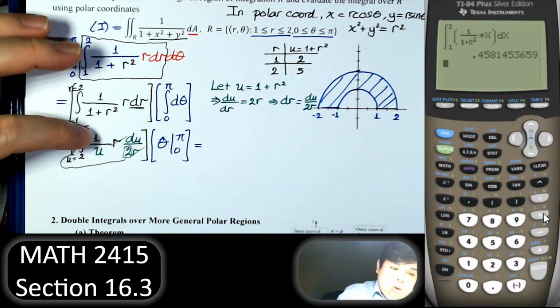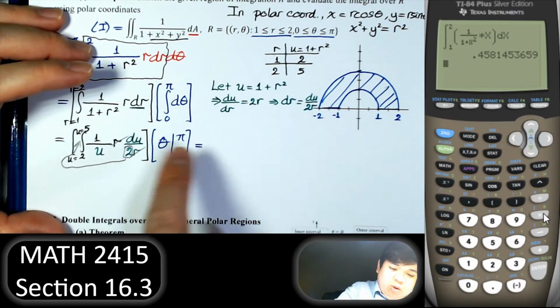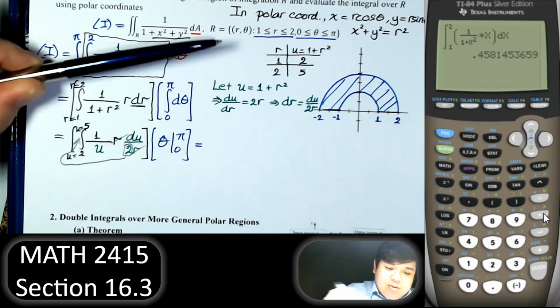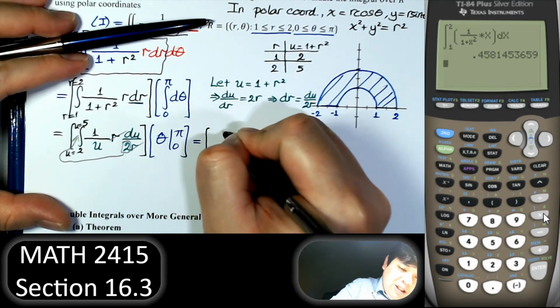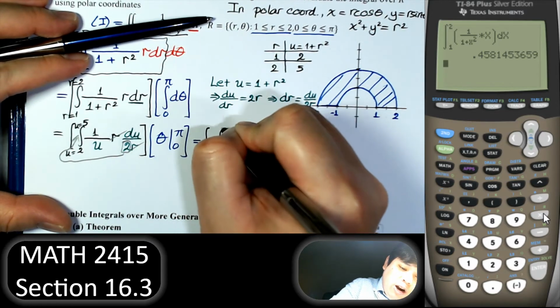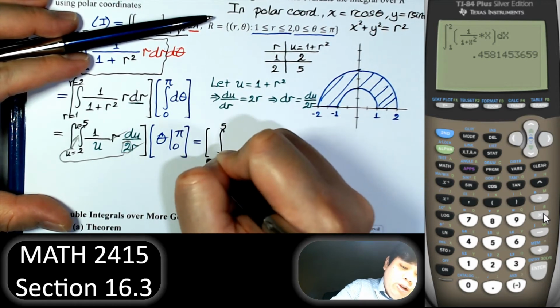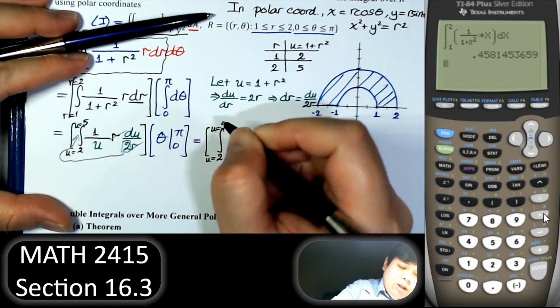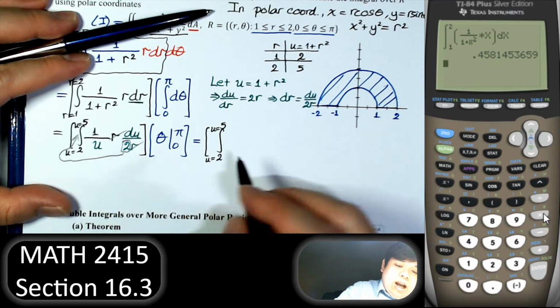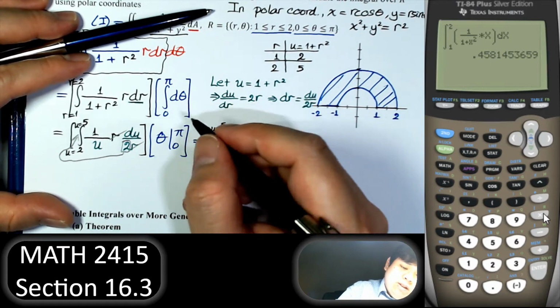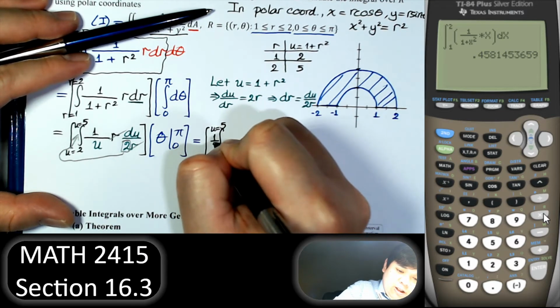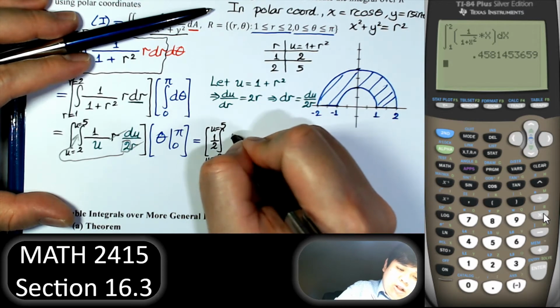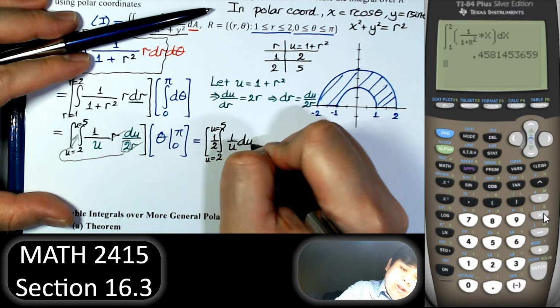The integral of 1 over u. By the way, let's just rewrite this before we integrate. It's almost there. 2 to 5, those are limits for u. And then we have 2, take it outside. That becomes 1/2. Then we just have 1 over u du.